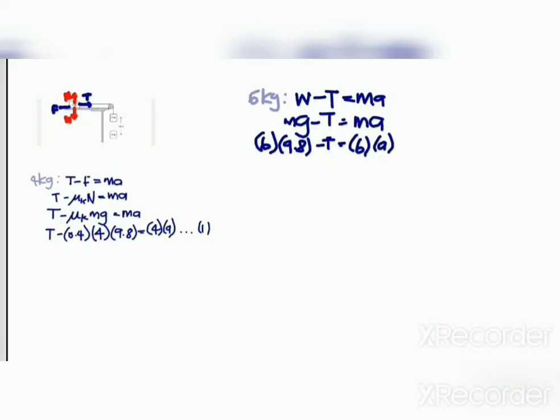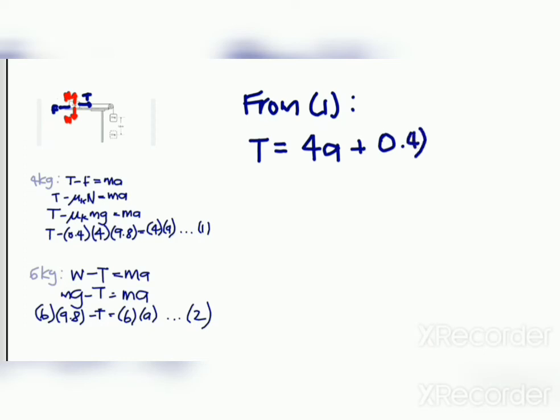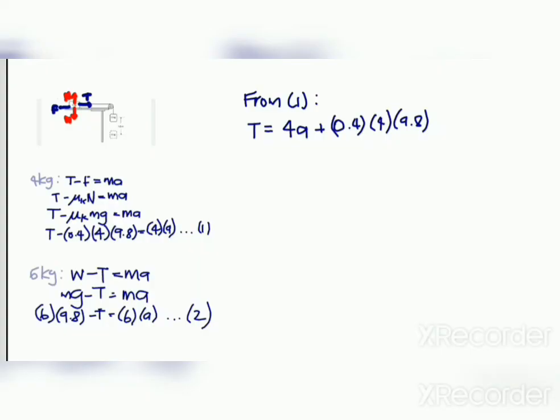And that gives us equation 2. So rearranging these, from equation 1, we get that T is equal to 4A plus 0.4 times 4 times 9.8. We can call that equation 3.